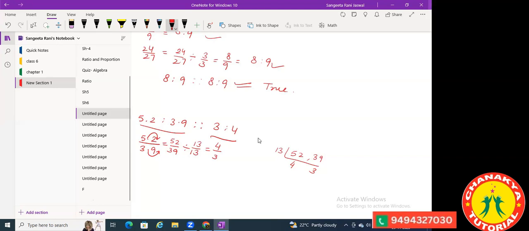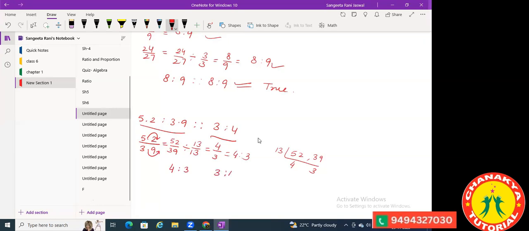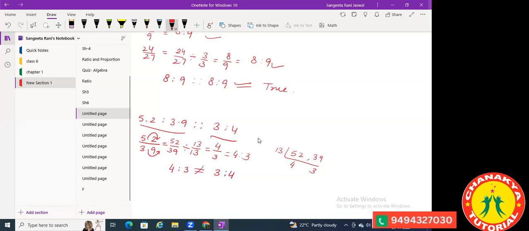Now see here, this ratio is 4:3. And this ratio is 3:4. Are they equal? No, 4:3 and 3:4 are not equal. So they are not in proportion.